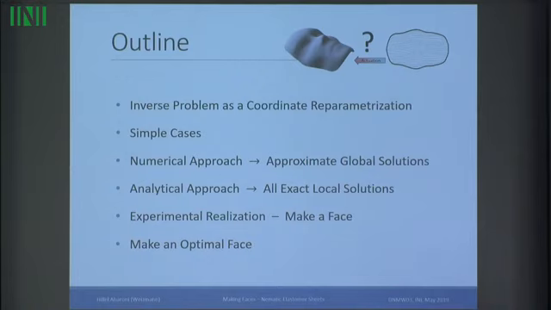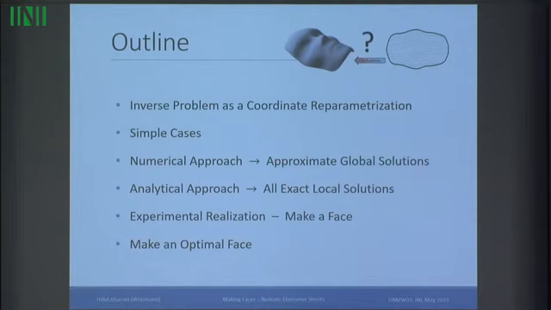I will then present a numerical approach that gives us approximate global solutions for the problem, so we can take such a face and find a director field in the plane that, upon actuation, will approximately give us our target geometry, and we can find it numerically. I will then present the newest, still unpublished contribution, an analytical approach to find exact solutions, at least local solutions.